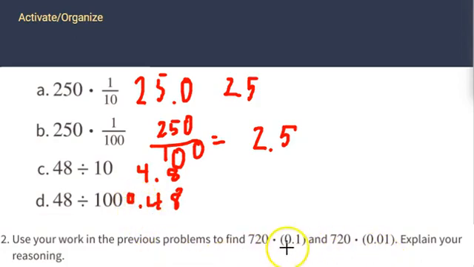So if we think about it, what's going to happen here with the 720 times 1/10 and 720 times 1/100th? Yeah, they're still both going to have all the same digits, right?